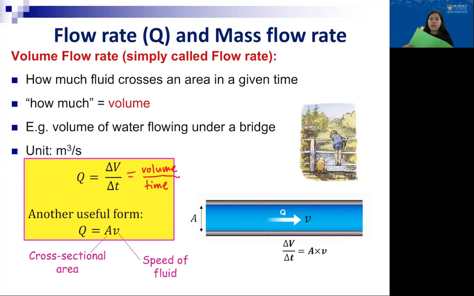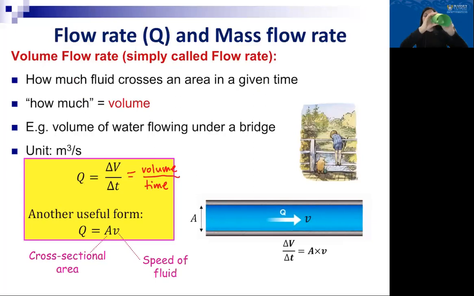And if you think about a pipe, say a cylindrical pipe like so, and you think about the volume of fluid that's flowing through this pipe, by intuition, we can intuit that the volume of fluid flowing through the pipe would depend on how big the pipe is, right?